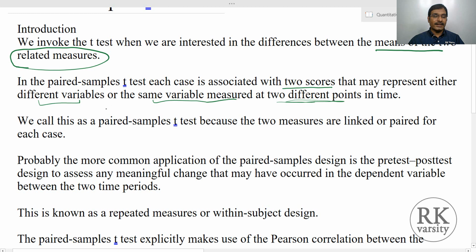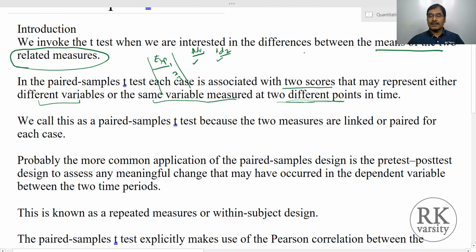When we say two different variables, suppose an individual is an expert of a product, and he is asked to comment on advertising 1 and advertising 2 of a company, and the opinions of expert 1, expert 2, expert 3 are sought. So the individual is the same, but gives ratings on two different variables. This is one way. The other way is two different points in time.